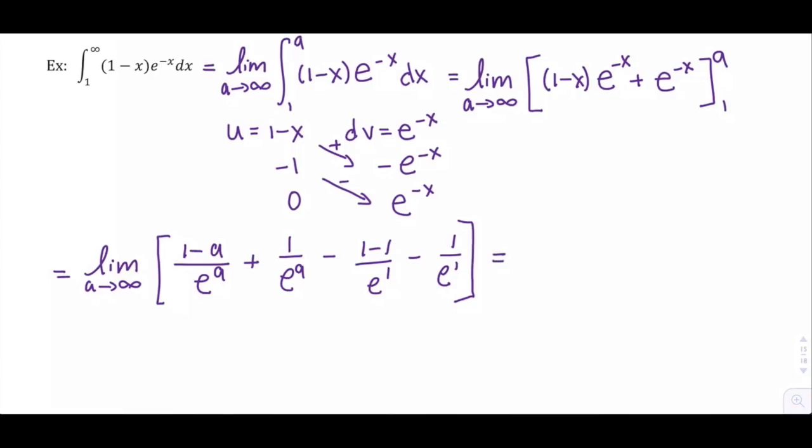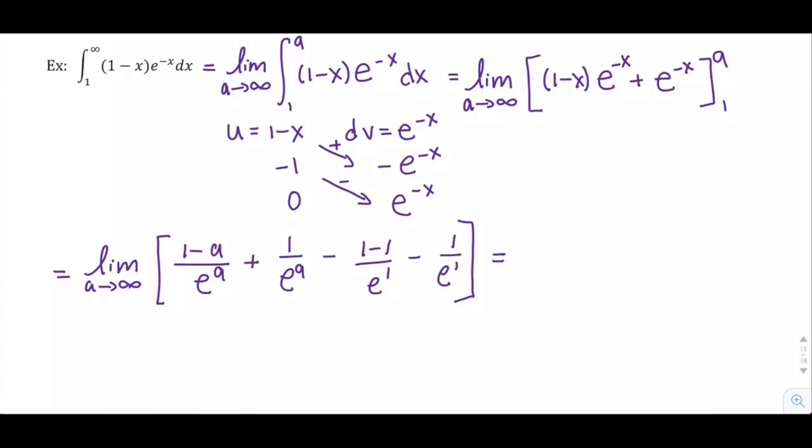So if we go ahead and take that limit, in this first quantity here, we see that in the numerator we have a linear term, and in the denominator we have an exponential. So we know as a goes to infinity that the exponential term will eventually overpower the linear, and this whole thing will go to 0. You could also apply L'Hopital's rule here to see that you would get 0 as the limit.